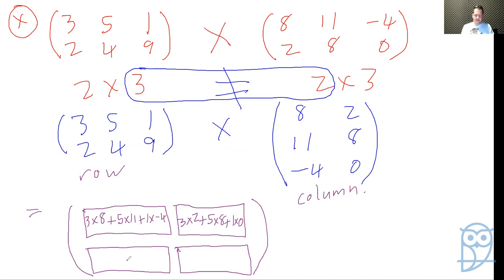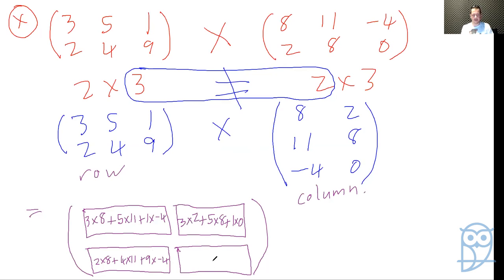Similarly, this one is in the second row and the first column. So there's my second row, there's my first column. So again, across with down. 2 by 8, 4 by 11, and 9 by -4.